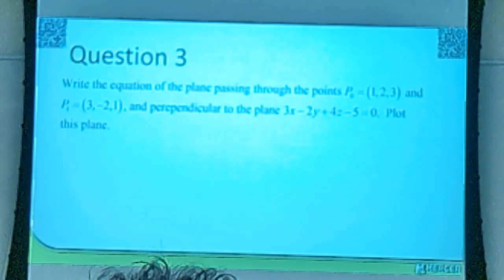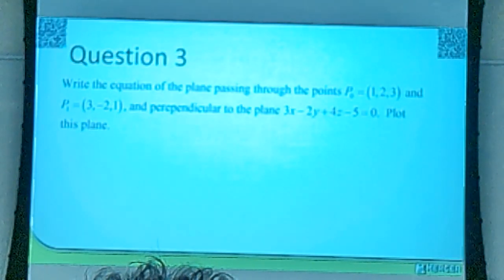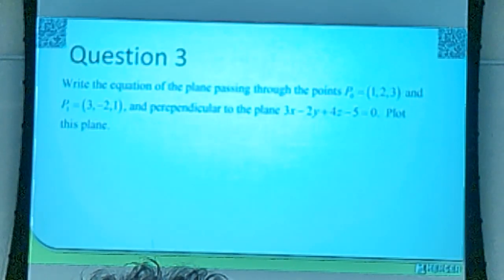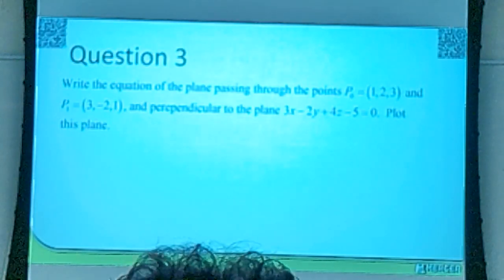Plane contains 2 points perpendicular to a given plane. So come back to here. So there's our plane of interest.